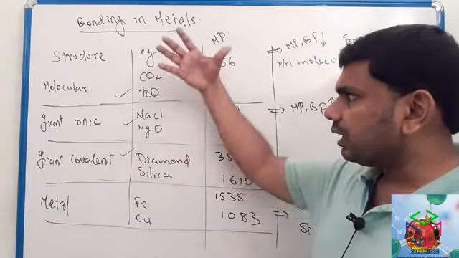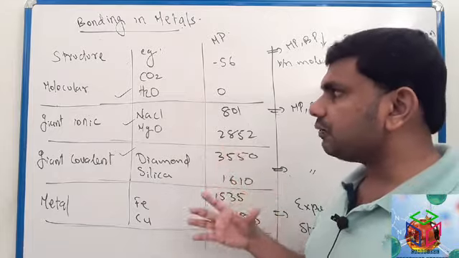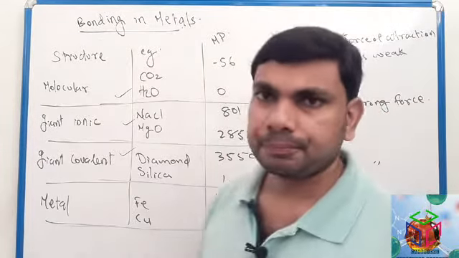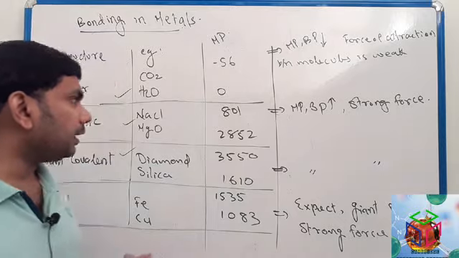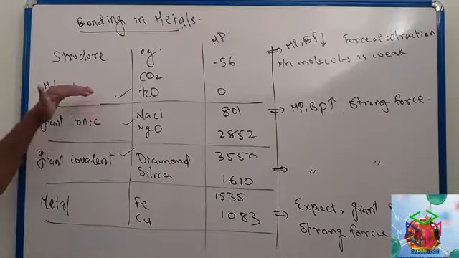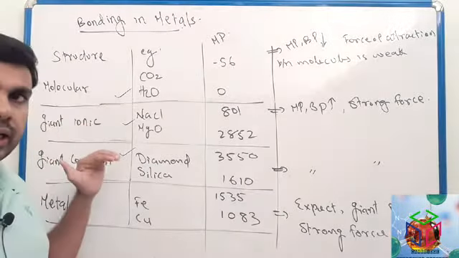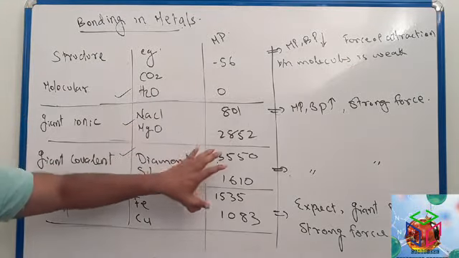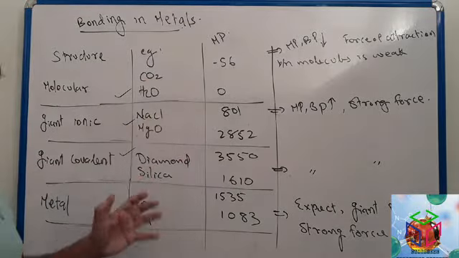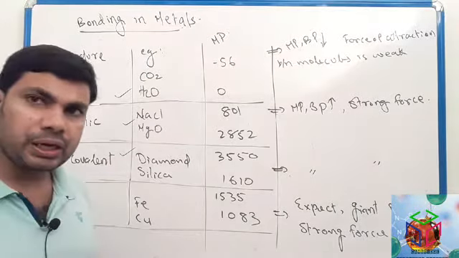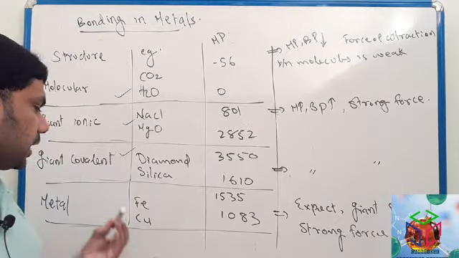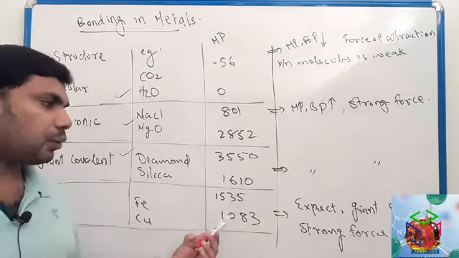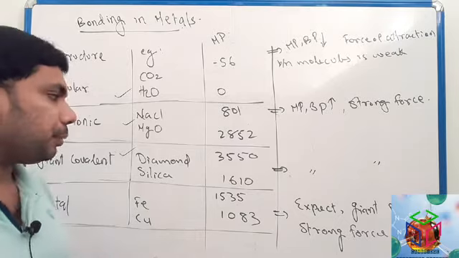So after observing this table, what can you expect? We already discussed simple molecules, giant ionic, giant covalent. They have different melting and boiling points based on the force of attraction. Metals like iron and copper have high melting and boiling points.